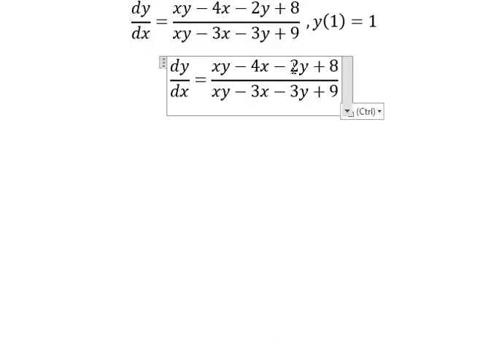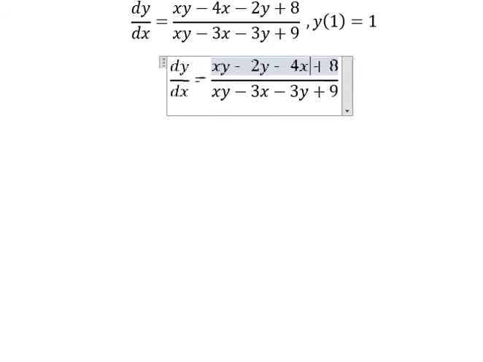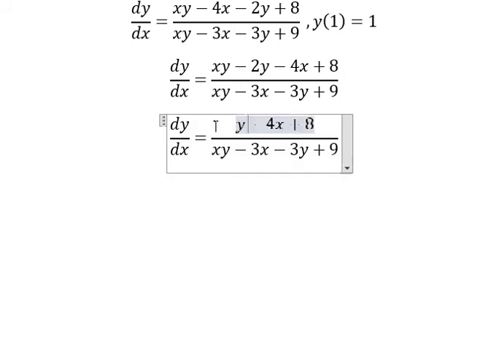So we have xy and negative 2y, we put in here. The reason I need to do about factorization. So y and y, we have s minus 2, negative number 4 and number 8.